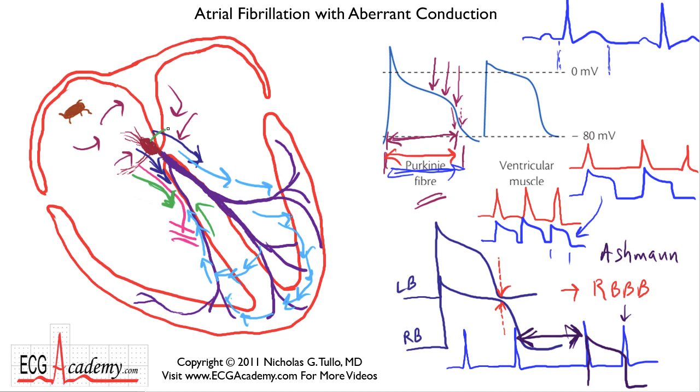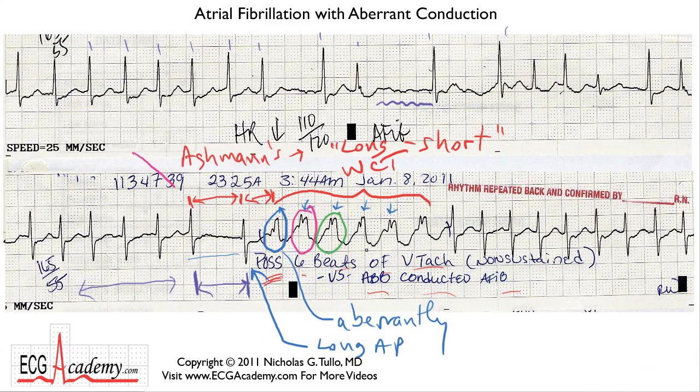And so it has to do the same thing, go down the left side, and then it manages to get across again, and then back up the right bundle. So when the next beat comes down, it still finds the right bundle refractory. And so you can see that the result is a salvo of wide complex beats because of this phenomenon, with the signal going across the septum and retrogradely penetrating the right bundle and keeping the right bundle refractory.